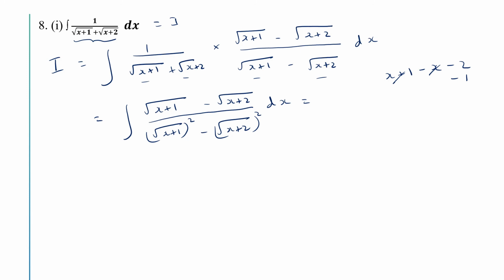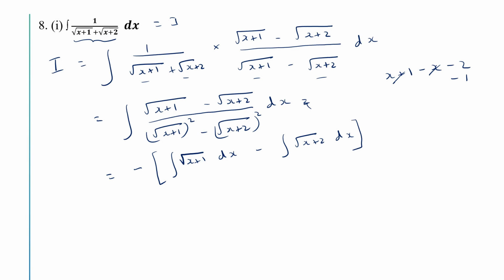So this is equal to minus integral root of x plus 1 dx minus integral root of x plus 2 dx.